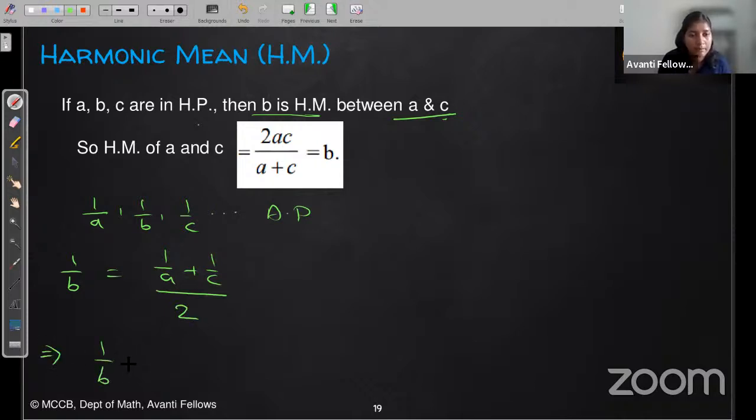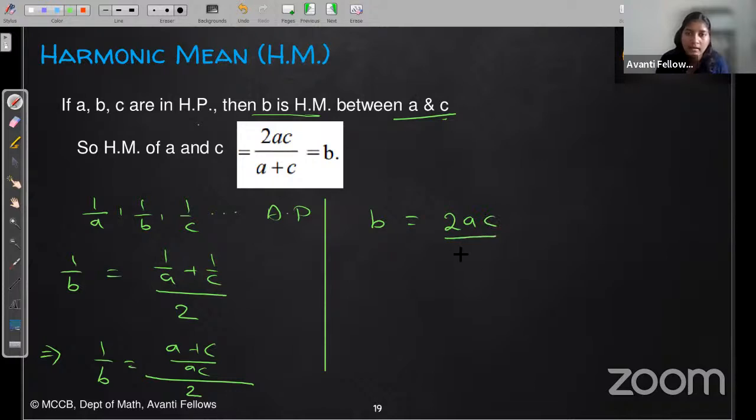It implies 1 by B is equal to A plus C divided by AC, whole divided by 2. Now we want the value of B, so just take the reciprocal. If you take the reciprocal, we get B is equal to 2AC divided by A plus C.